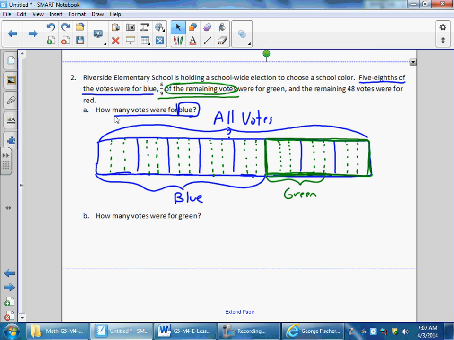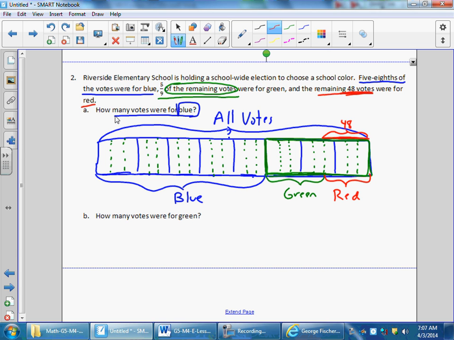And the remaining 48 votes were for red. There were 48 for red. Well, if there's 4 pieces for red, and we know that there's 48, I'm going to take that 48 and divide by 4. 48 divided by 4 is 12.